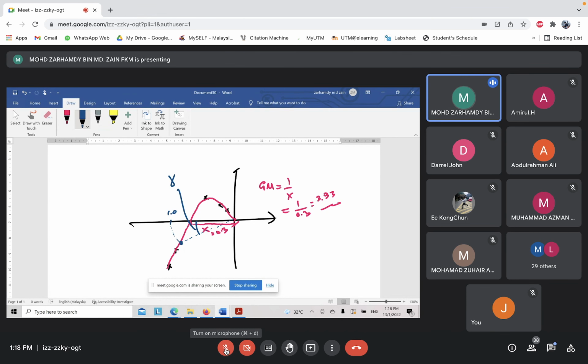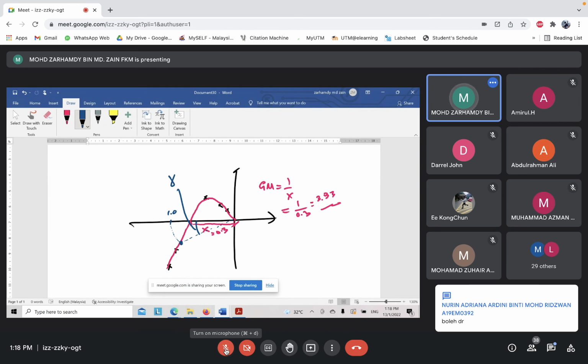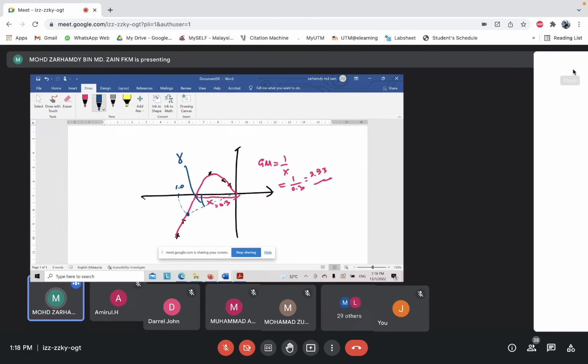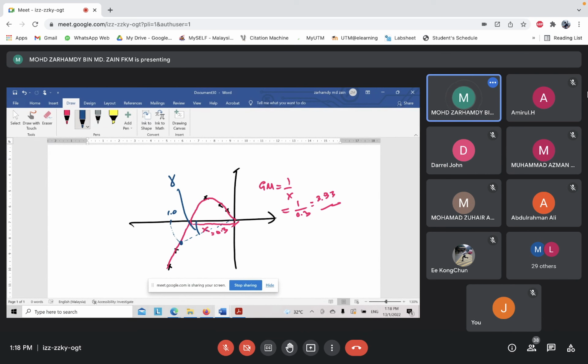Can I make a class at 1 to 2? Can? So I open it, if you are not busy or you don't have any class, you can join the class from 1 until 2 o'clock. So at least if you have any question regarding test 2, please ask.